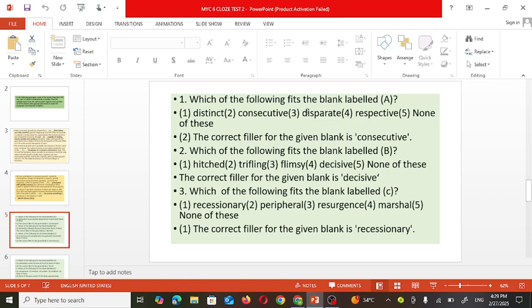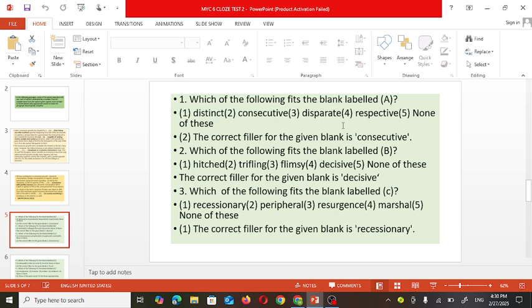Now observe the given words, means the options given to you, and try to get their meaning. Destined means specific. Consecutive means one after another, means one thing should be followed by another. Desperate, the meaning of disparate is different from each other, separate like that.